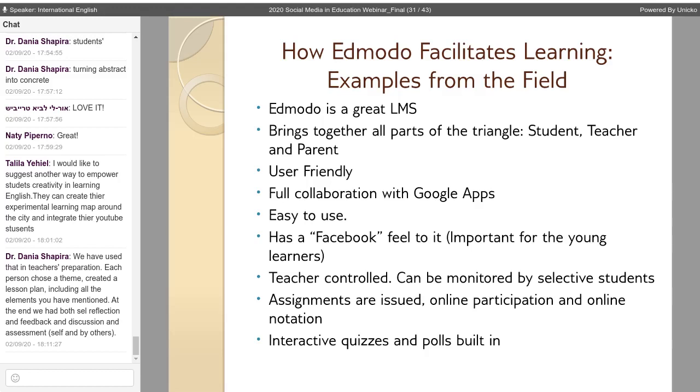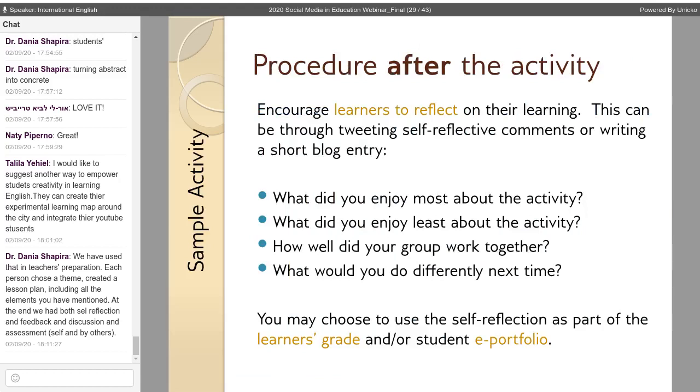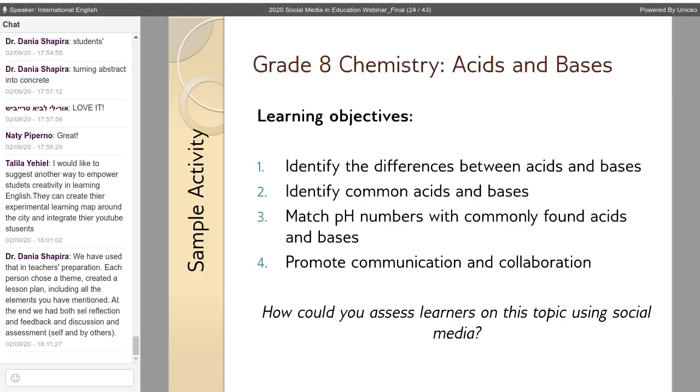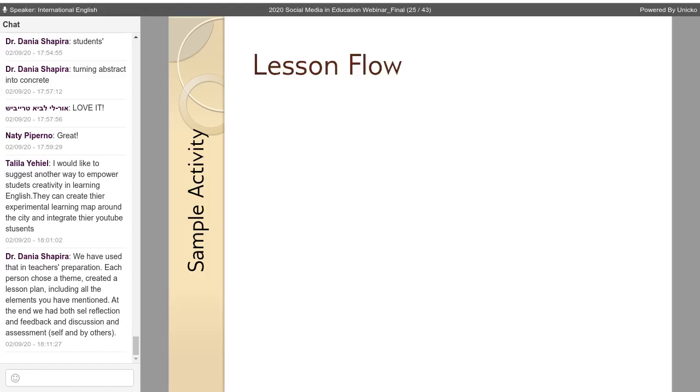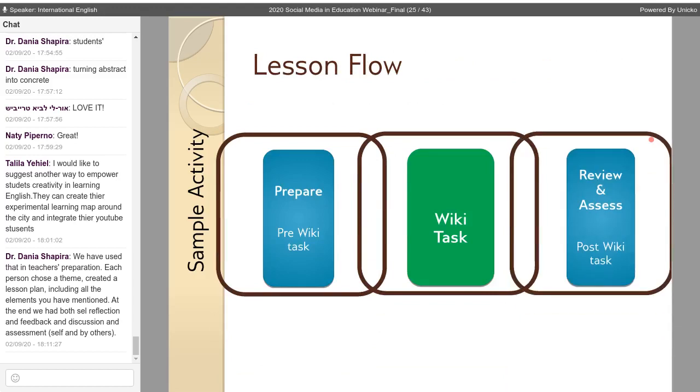Wonderful. Going back to the wiki, you can follow these guidelines. And again, for this to be effective, the wiki activity must be accompanied by preparation, review, assessment, and self-reflection.